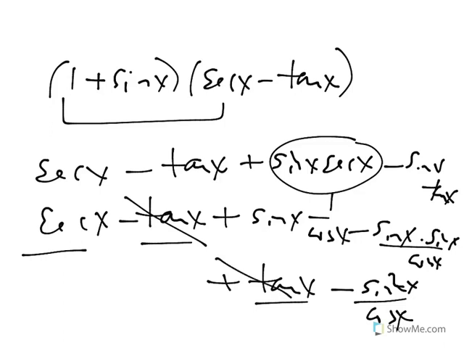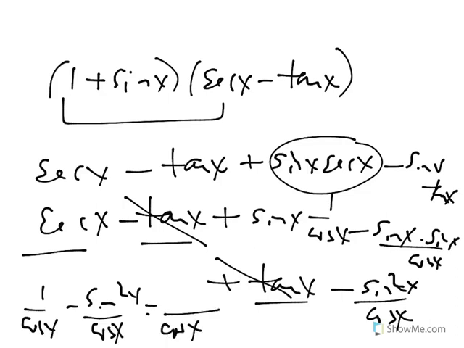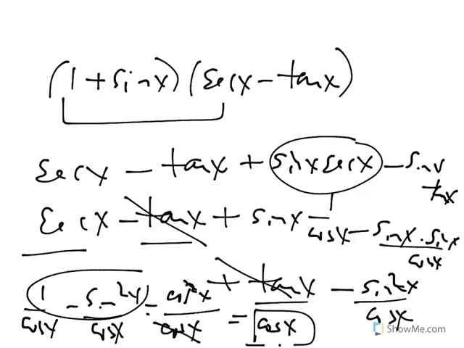So now I have secant x minus sine squared x over cosine x. Secant x is 1 over cosine x, minus sine squared x over cosine x. Common denominator, that is. And this 1 minus sine squared can be replaced with cosine squared x, and then the cosine x in the denominator can get canceled out with one of the ones on top. And this whole thing ends up equaling cosine x.